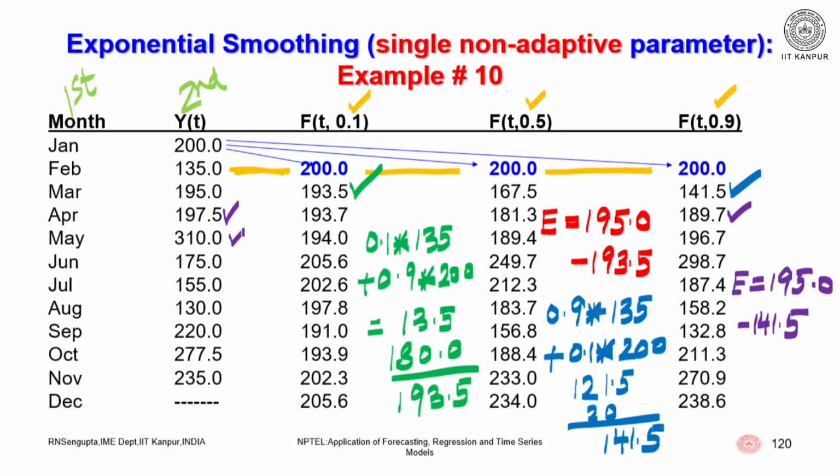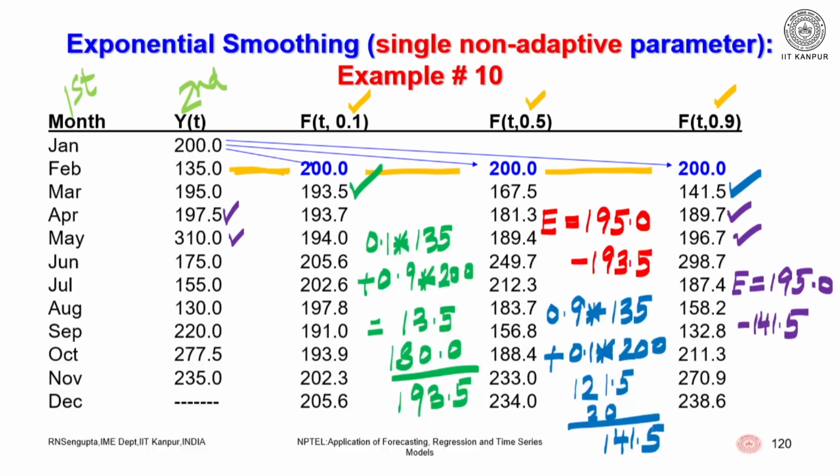Then the difference is 310 minus 196.7 and you have all the errors. Square the error, find out the average and try to minimize. Or else, as I said, you can consider the absolute error, the weighted error, and corresponding to those values you can utilize the metric which you think is the best for this problem.